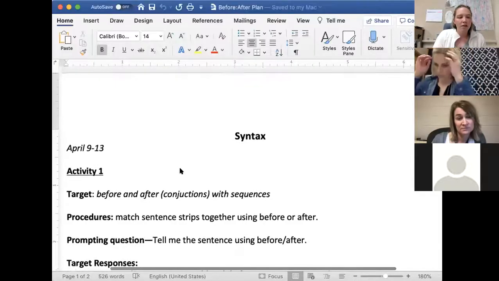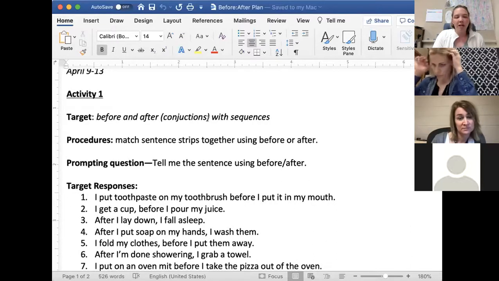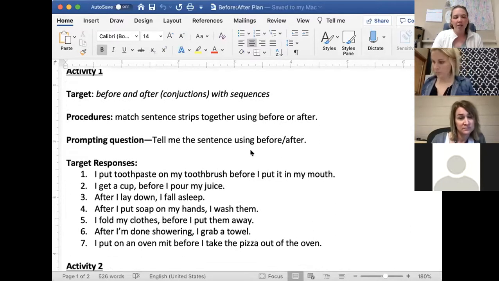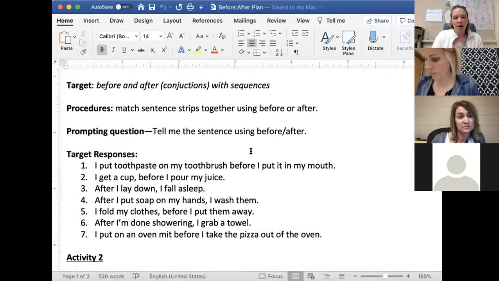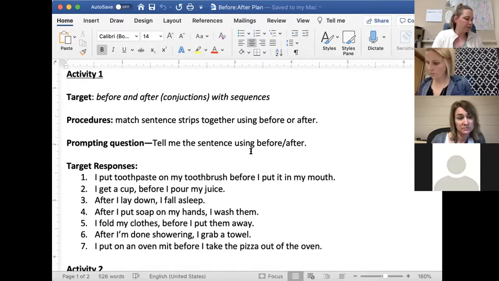So this one is a before and after. So teaching before and after as a syntactical element, so before and after as conjunction. This is a higher level one.